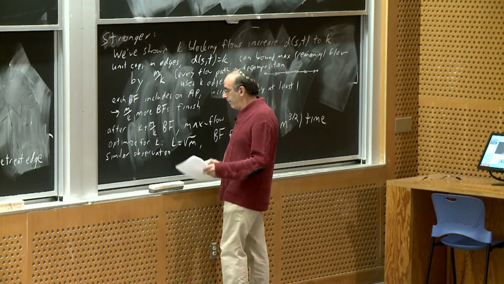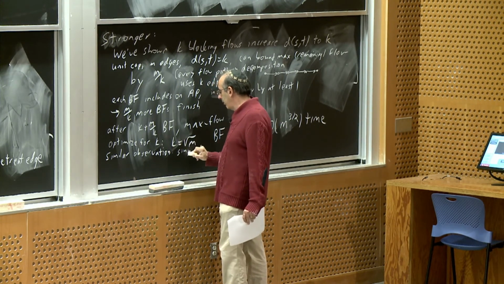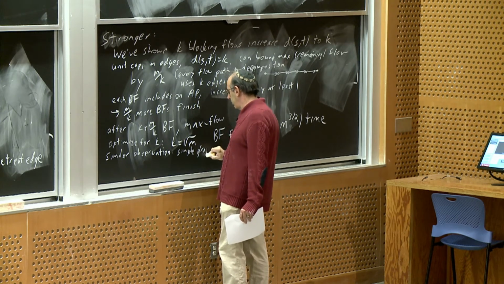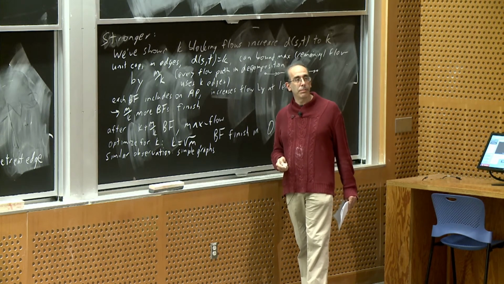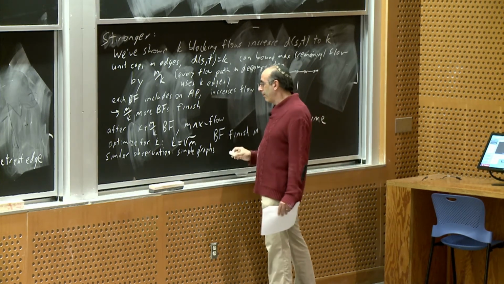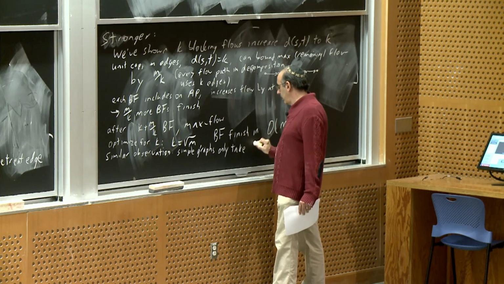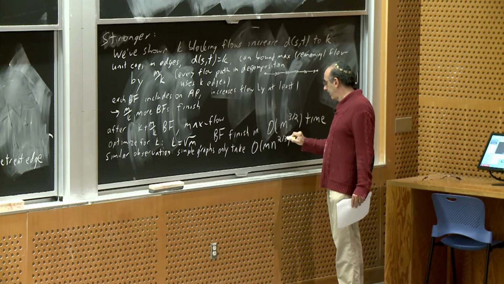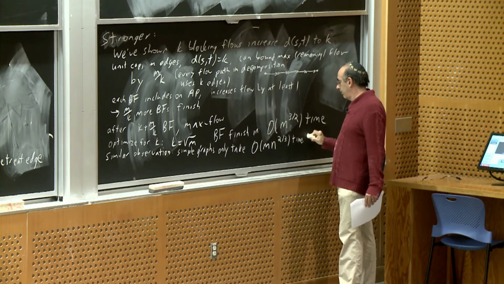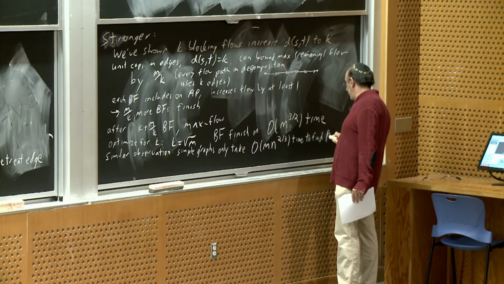Okay. Which says that on graphs without parallel edges, they basically finish in n to the 2/3 blocking flows. And then n to the 2/3 time to find a max flow.